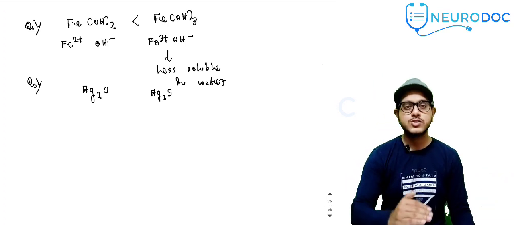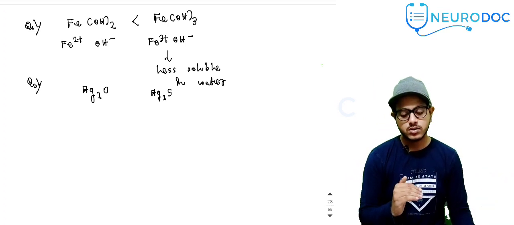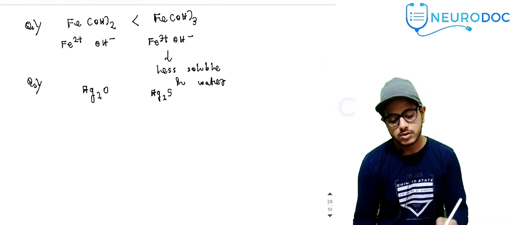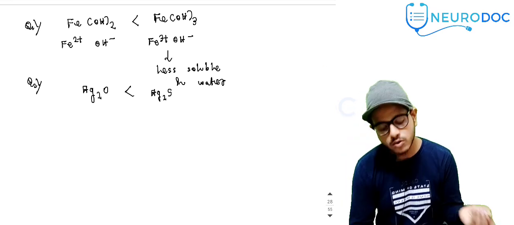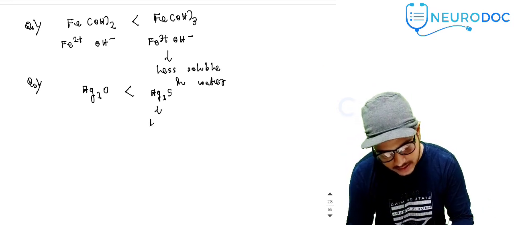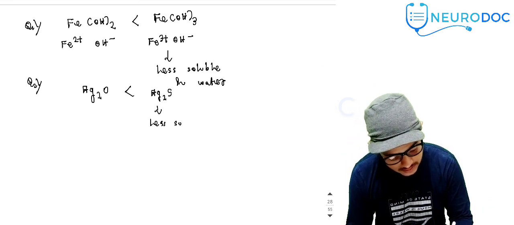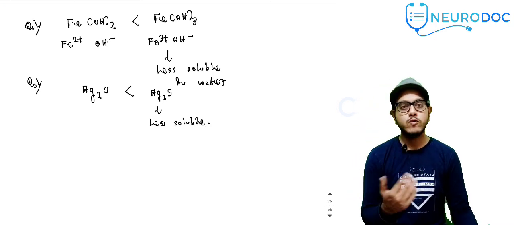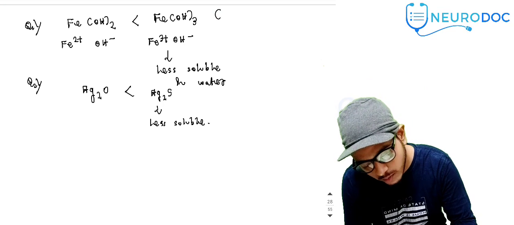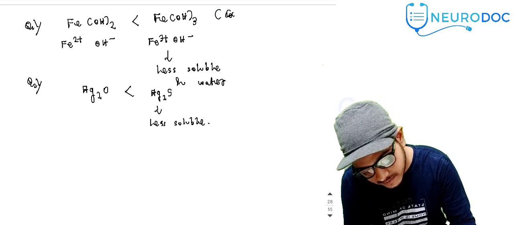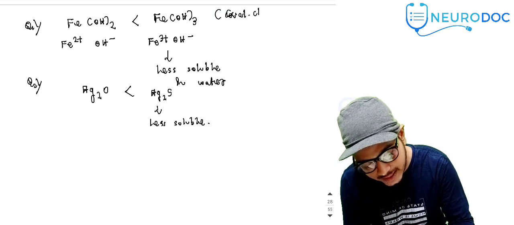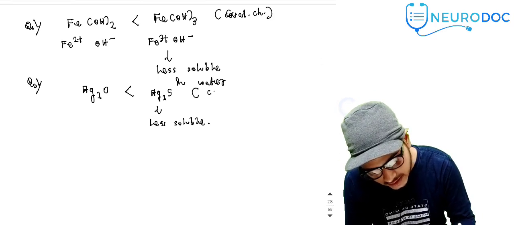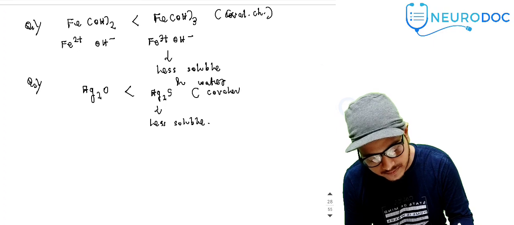Sulfur comes below oxygen in a group, so the size of sulfur is more, so polarizability is more, so covalent character of Ag2S is more, so it's again less soluble because more covalent character. Here also it's greater than this in terms of covalent character.